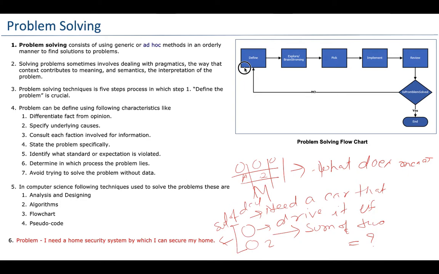The first step is to define the problem. As you can see here, it is very crucial to understand what exactly the problem says.